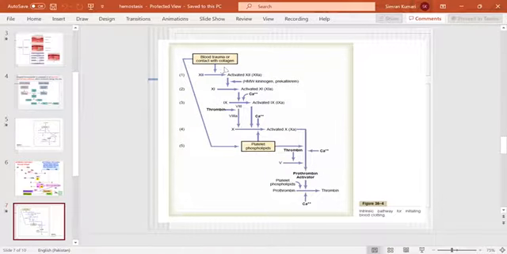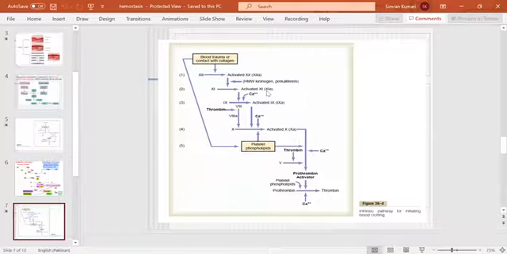Your factor 12 gets activated. ठीक है? Now this activated factor 12 acts on factor 11. सही है? Thus activating it. ठीक है? Now this step requires high molecular weight kininogen. ठीक है? And this step is accelerated by prekallikrein.